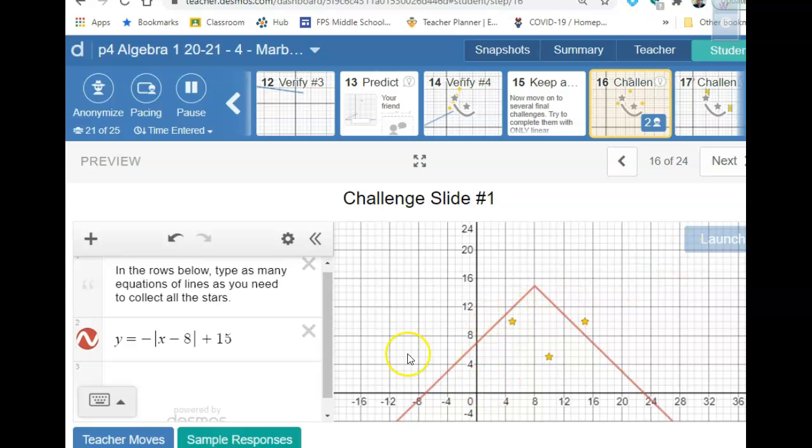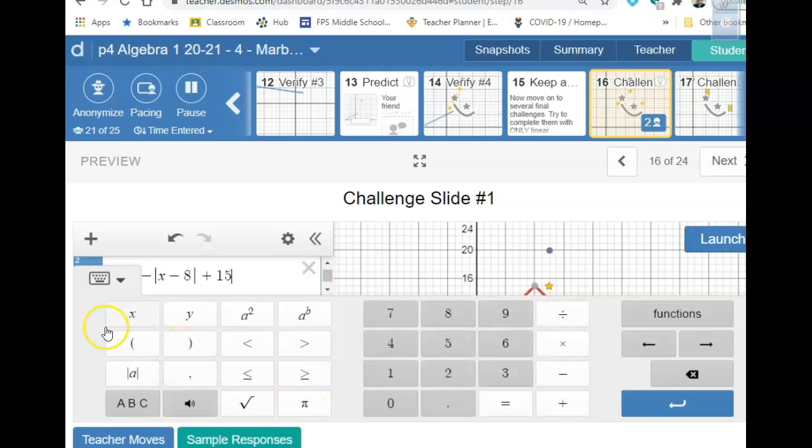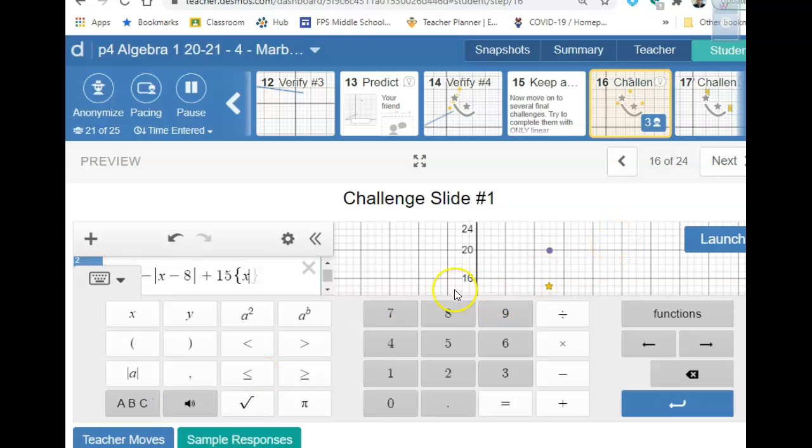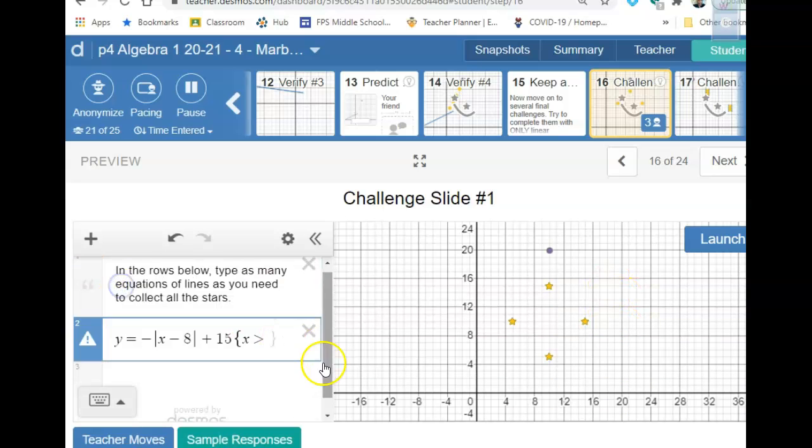But maybe I don't want the domain. So now I click back here and I go to the ABC button and I click this bracket and I say where x is less than. And so again, now I might go to the numbers. And I want to say where x is greater than, I need to look at my numbers.